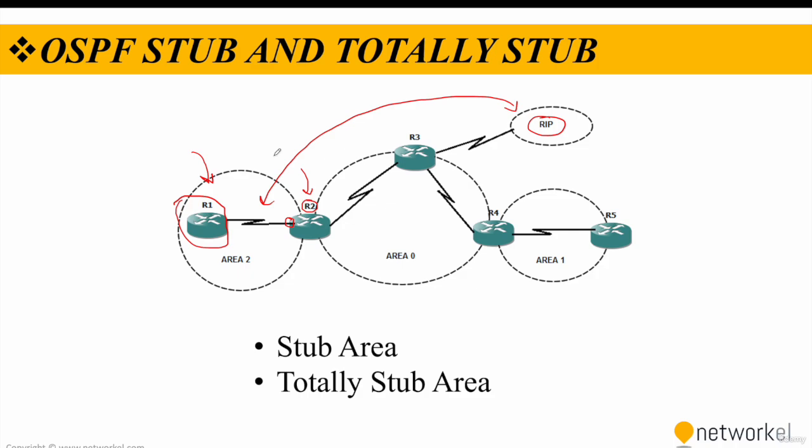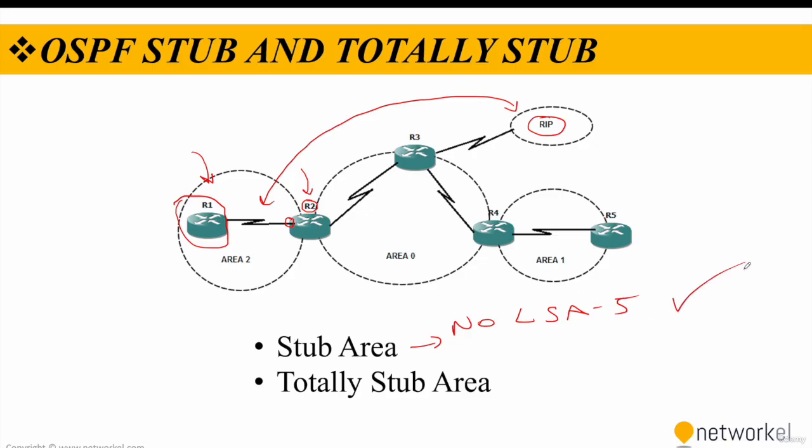Here in a stub area, external routes, which are the type 5 LSAs from outside the OSPF autonomous system, are not advertised into the area. So in a stub area, there is no LSA 5.